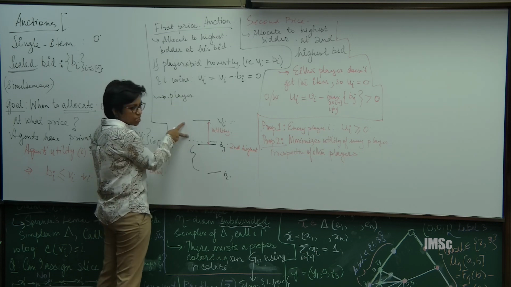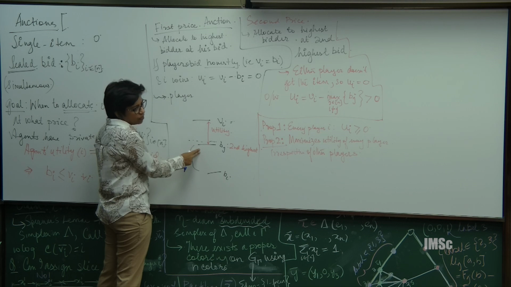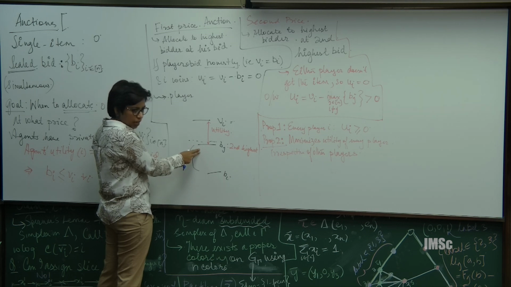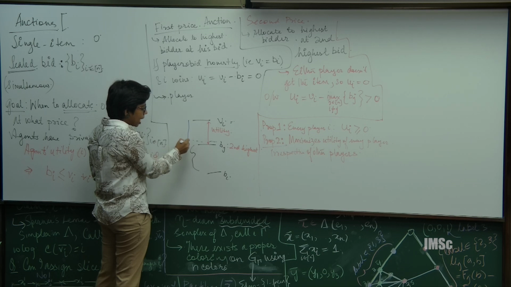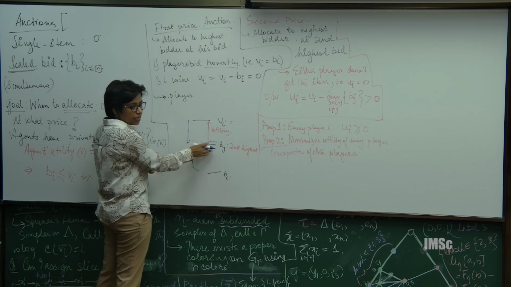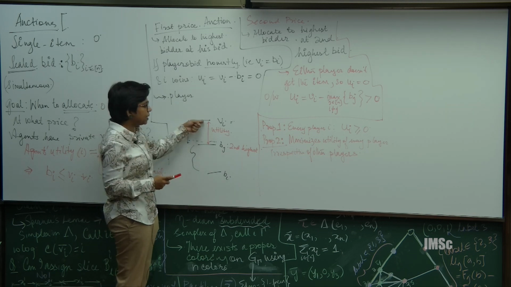So he goes from a situation of positive utility to not winning the item and therefore zero utility. So he can come down, but there is a natural cap on how much he can come down, the second highest bid.